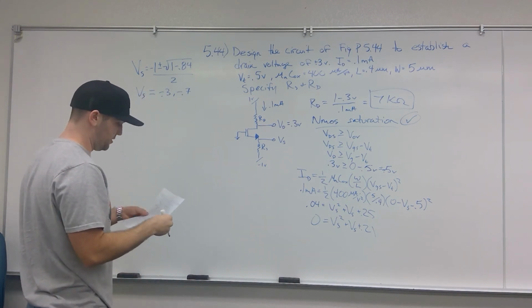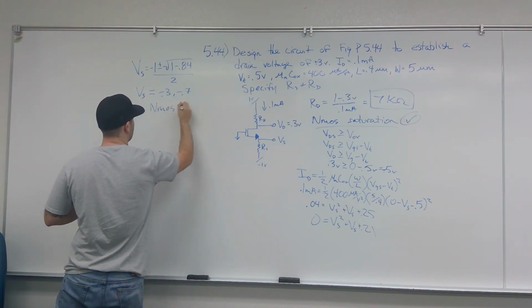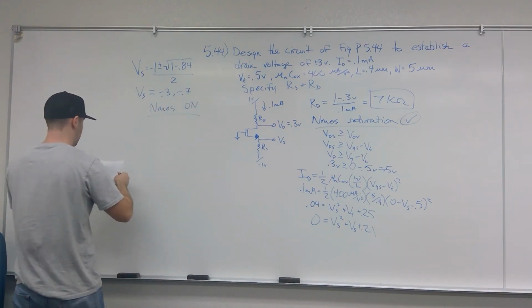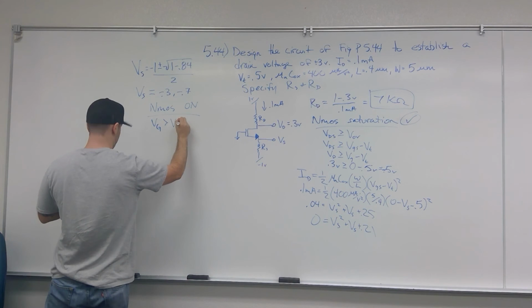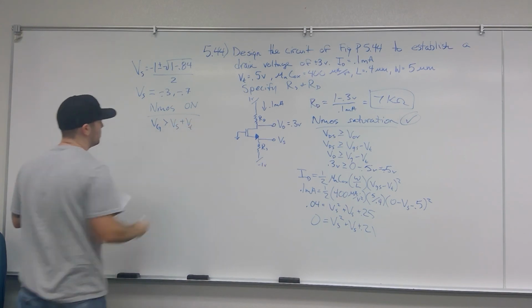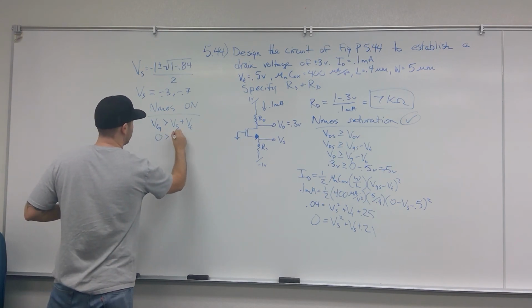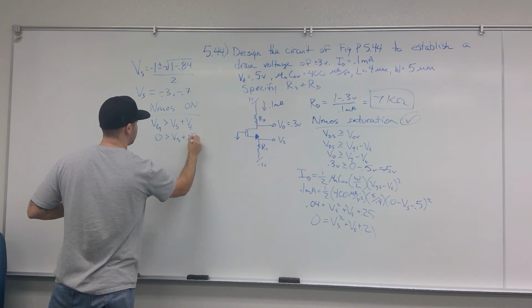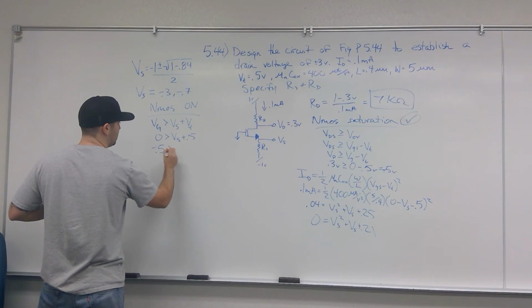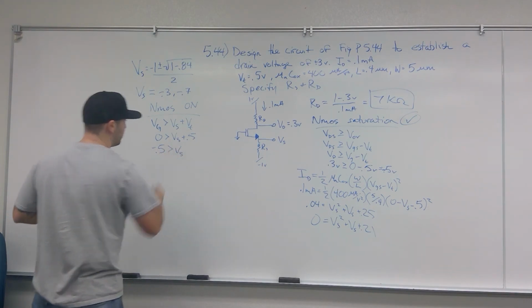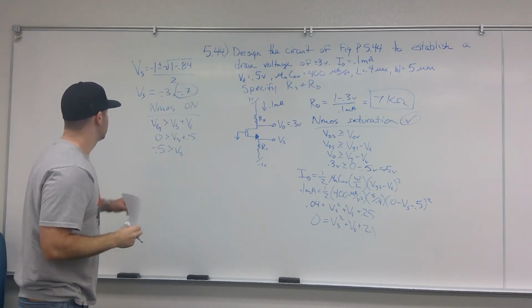Obviously, only one of these numbers is going to work out for us, because for an NMOS to be on, the gate must be greater than the source by a threshold. So the gate is 0. We don't know what the source is, but we know the threshold is 0.5. So that means that the source voltage needs to be less than negative 0.5 volts, and negative 0.7 is less than negative 0.5.